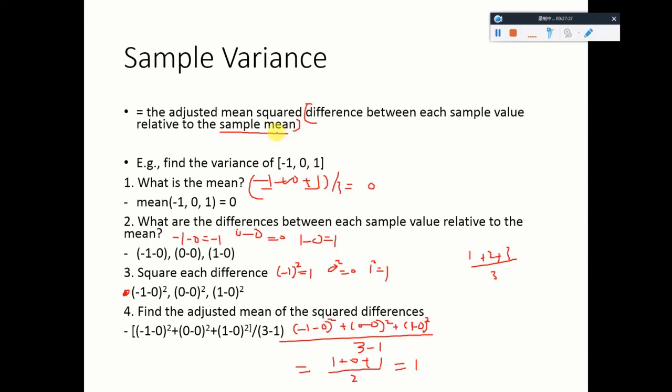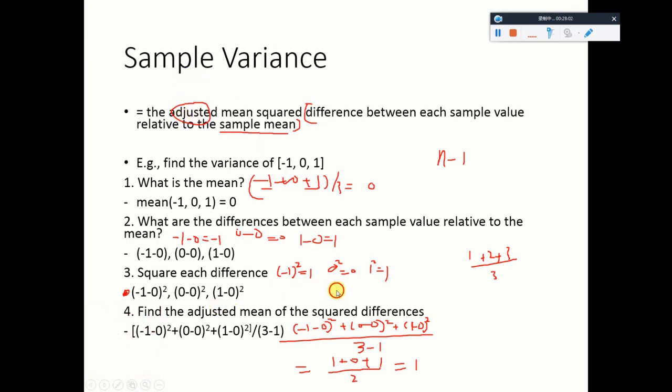Then we square these 3 differences, and then we find their mean. But it's not just any mean, it will be an adjusted mean. So it will always be n minus 1. That's the definition of sample variance.